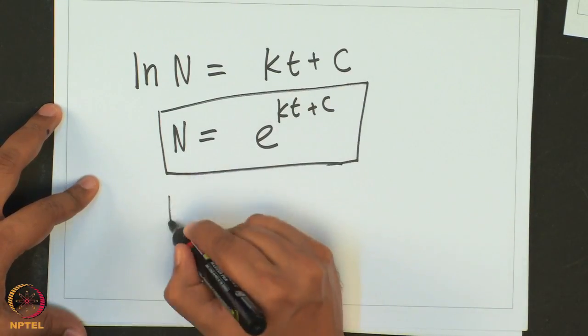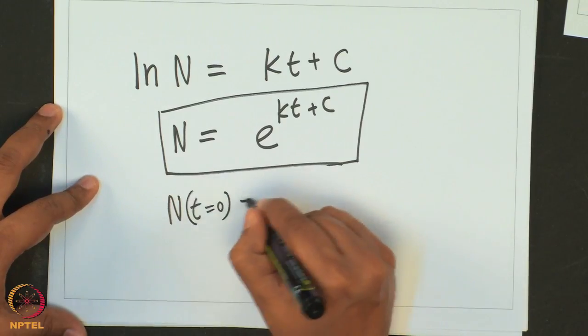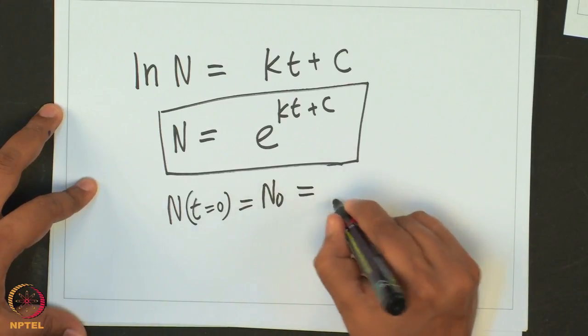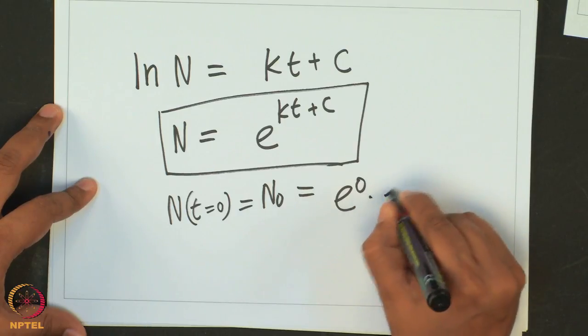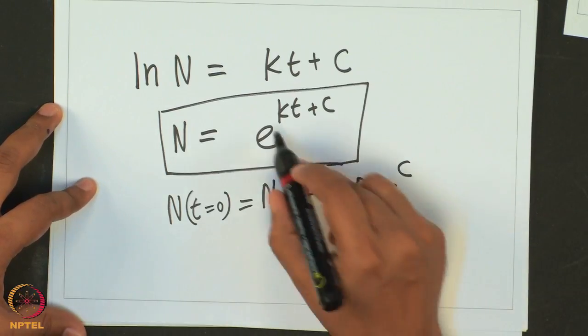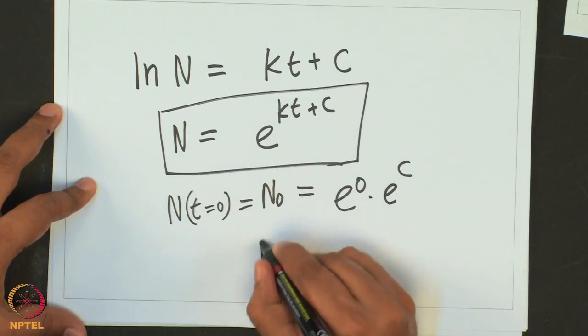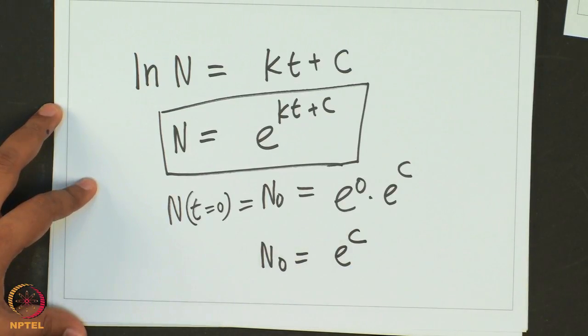If I take N at t equal to 0, if I call it N0, N at t equal to 0, which is e power 0 times e power c. So e power kt plus c is e power 0 times e power c. So this N0 would turn out to be e power c.